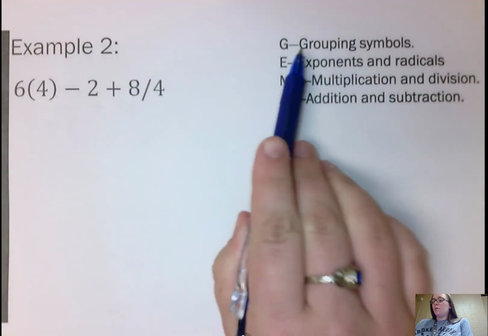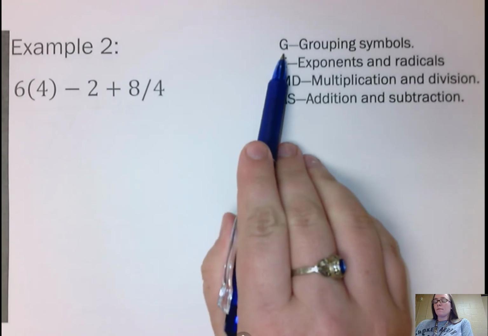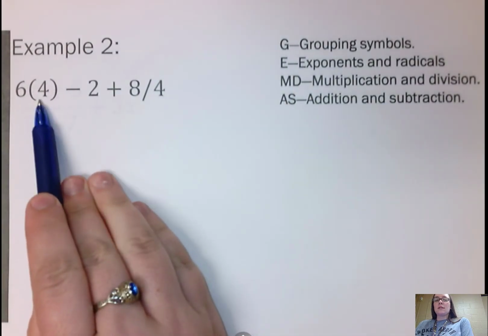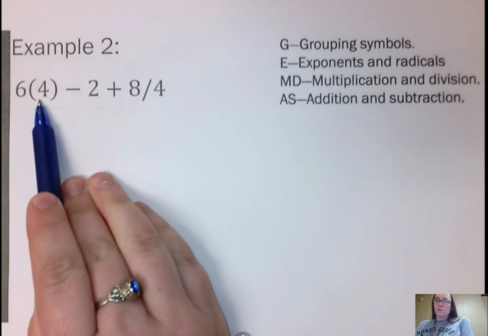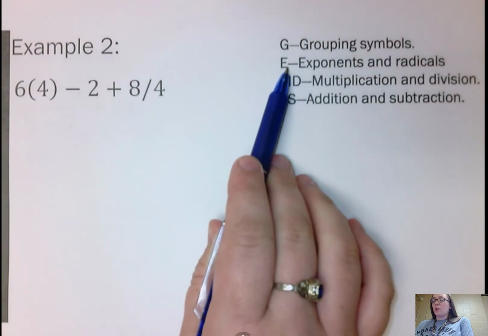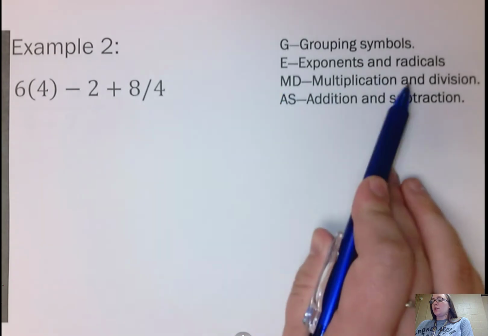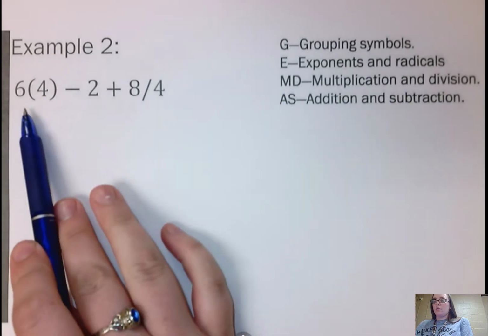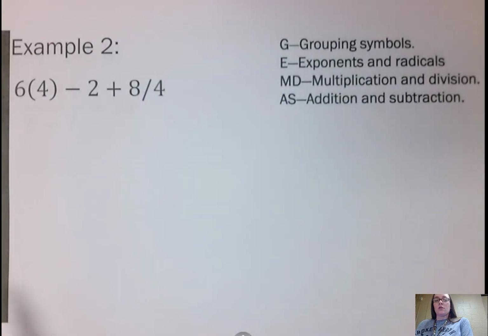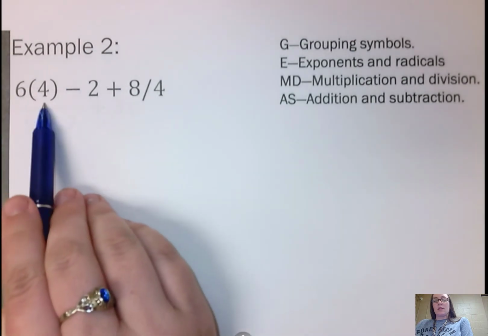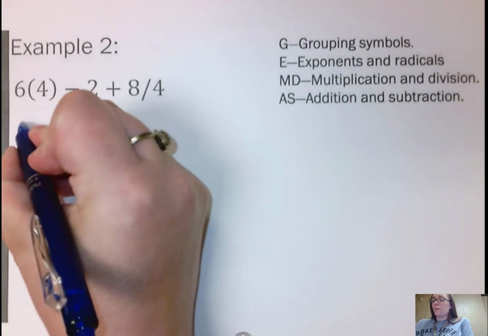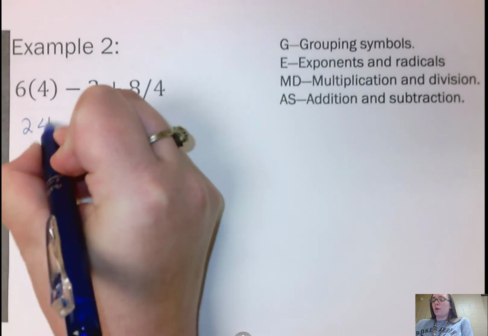Do we have any grouping symbols? We do, but notice there's only a single number in there, so there's nothing left to do. Do we have any exponents? Not in this one. Okay, we're multiplication and division. We do have both of those, and we're going to work them from left to right. So 6 times 4, which is 24.